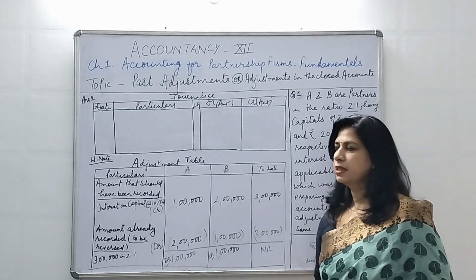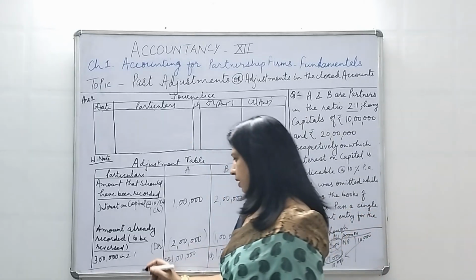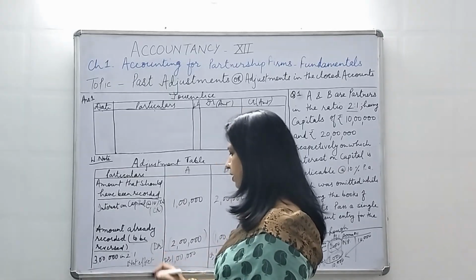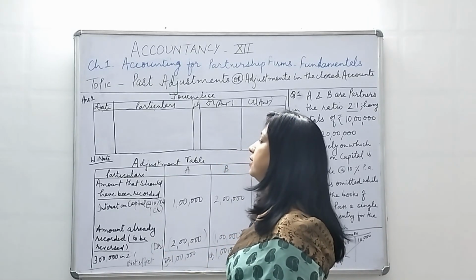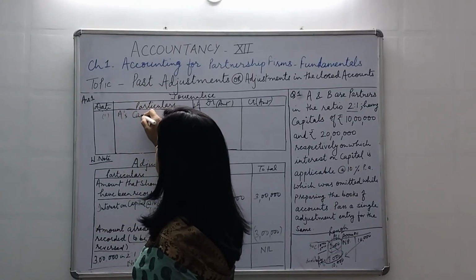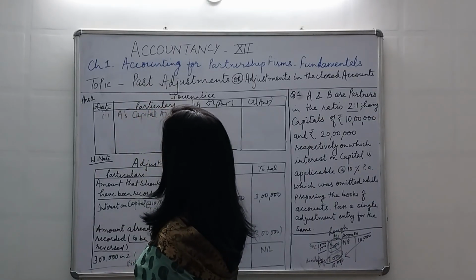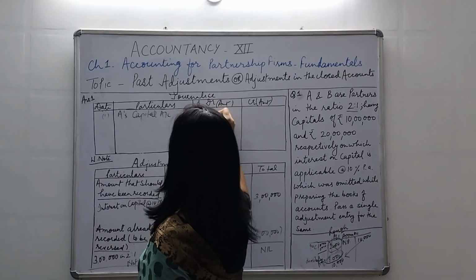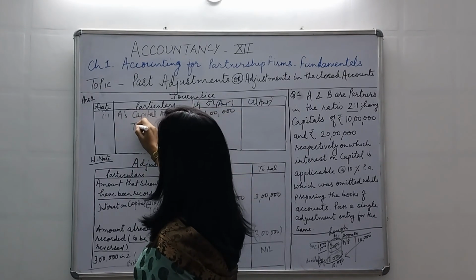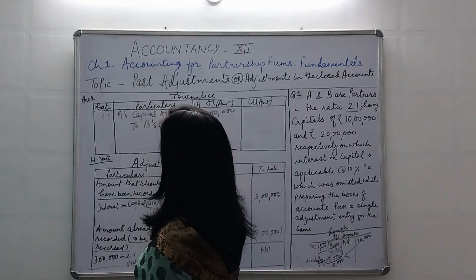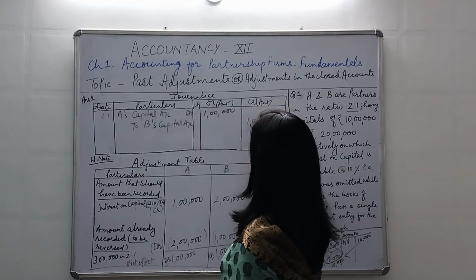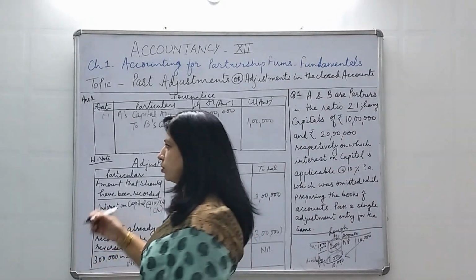Now one thing is left, that is only to write here in front of this we can write net effect, and then we will pass the entry, the adjustment entry, and the entry will be A's capital account debit 1 lakh to B's capital account 1 lakh, and the narration also needs to be written.